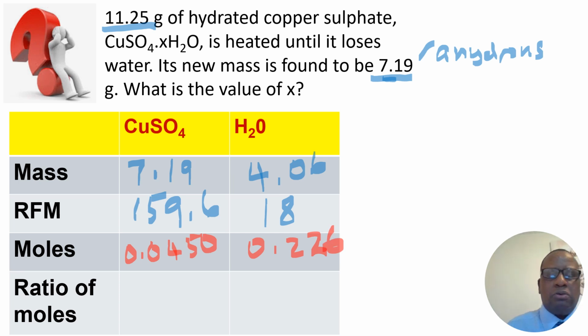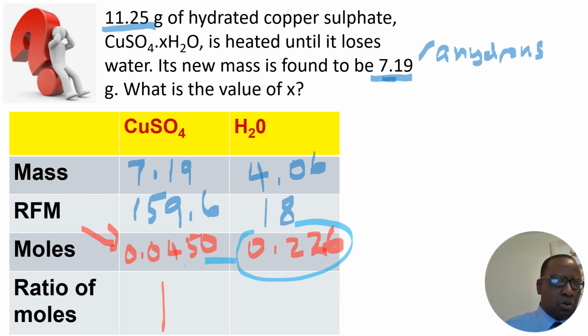Now, to get the moles ratio, you divide these two numbers by the smallest. This one here is the smallest, so this one divided by itself gives us 1. So to get the ratio for the water, we say this one divided by the smallest. So we go 0.226 divided by 0.0450.